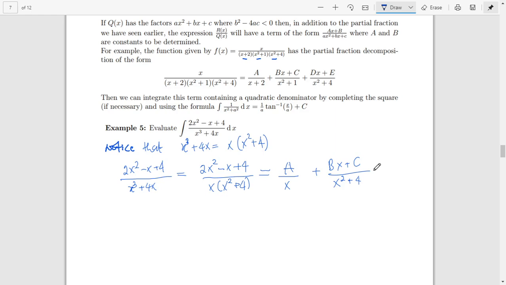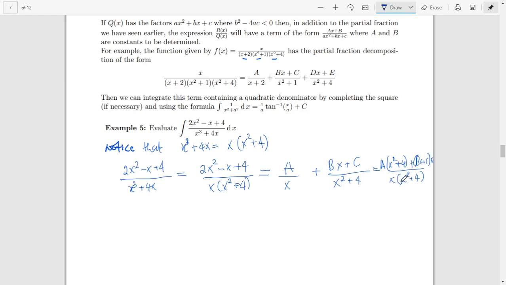Anyway, if we write this together, the LCM of this is going to be x into x squared plus 4, and then divide x by this and multiply the quotient by A, we get A into x squared plus 4 plus bx plus c multiplied by x. This is what we get when we combine this together.